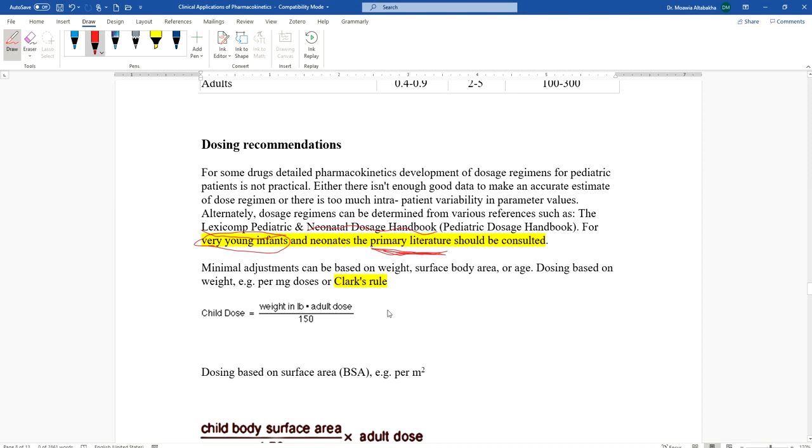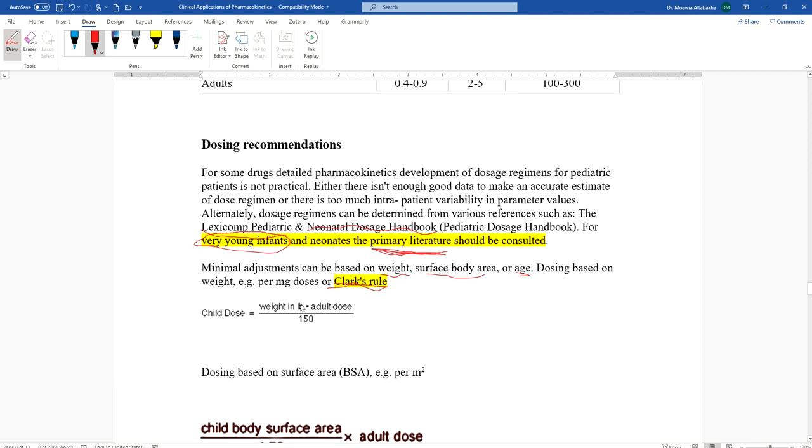That is, we base our dose on the adult's dose, taking into account differences in weight, body surface area, or age. One of the equations that we may use is Clark's rule.